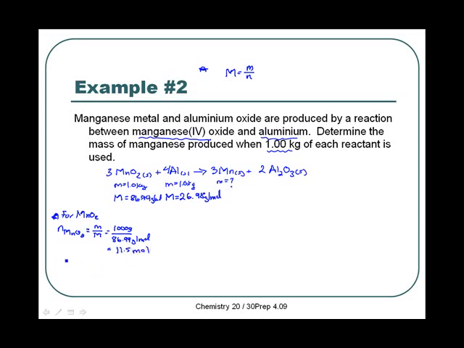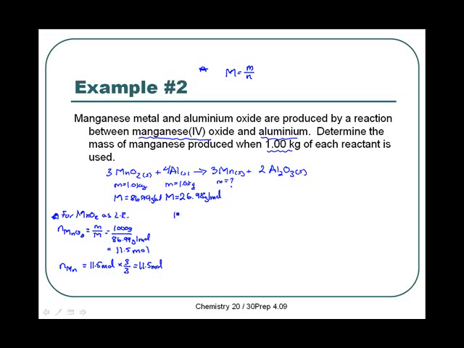Now that we have the number of moles of manganese oxide, we're going to find out the number of moles of manganese, which is equal to 11.5 moles times our mole ratio of 3/3, which would be the same as 1/1. So we end up with 11.5 moles of manganese if manganese 4 oxide is our limiting reagent.